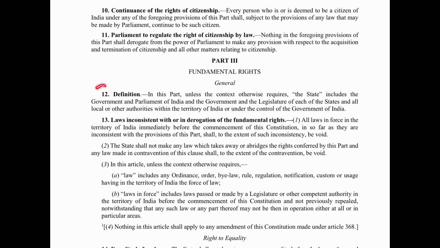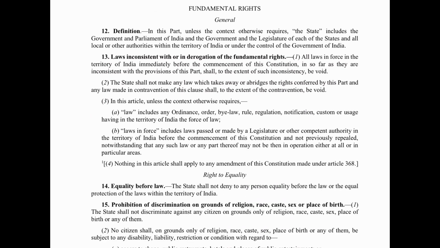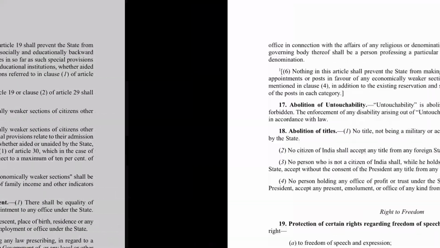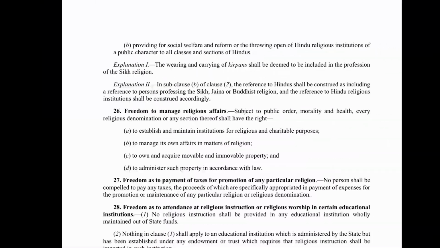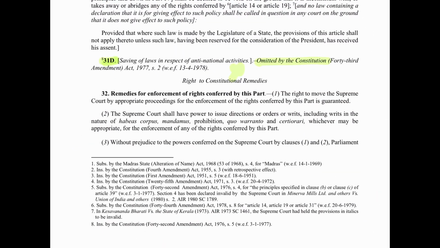But the first 2 articles, 12 and 13, are not the fundamental rights, but they are about or the things related to fundamental rights. Exactly जो rights शुरू होते हैं ना, वो 14 से शुरू होते हैं, ठीक है. So this is one thing you will remember. And similarly, rights जो हैं आपके 32 पे जाके ख़त्म हो जाते हैं. The rights end at 32 if you are seeing here, ठीक है, ये ख़त्म हो जा रहे हैं यहाँ पर.